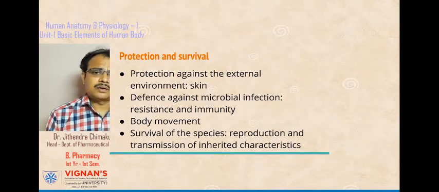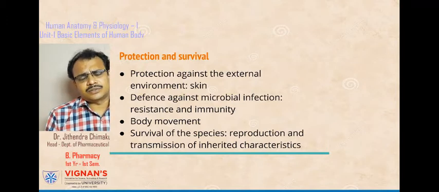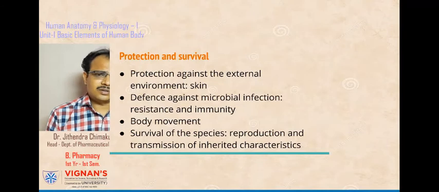Apart from this, the body also requires defense from any microorganisms or any infectious agents. Here, the body should develop resistance against these microorganisms and it should have immunity against these organisms.